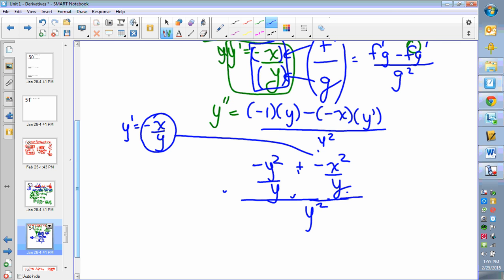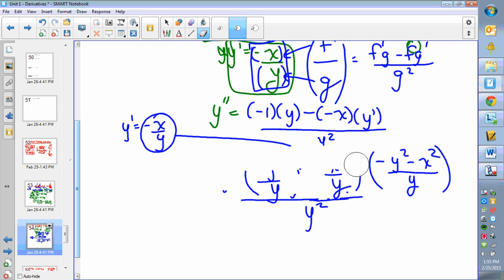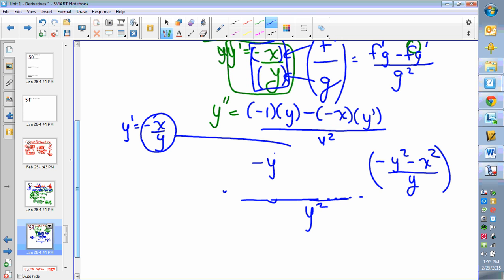Now, if you've got those two fractions with the same denominator, you can combine them. So you are going to rewrite that as negative y squared minus x squared all over y. That's how this top is going to be rewritten, this numerator, excuse me. So we'll erase that and put in negative y squared minus x squared over y, and that whole thing is over y squared.